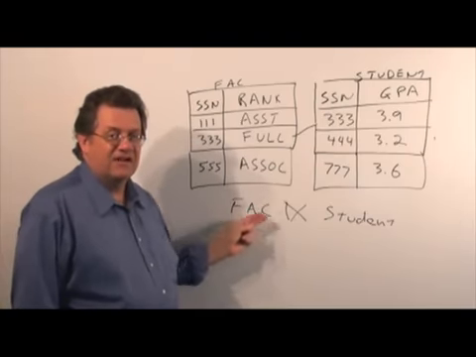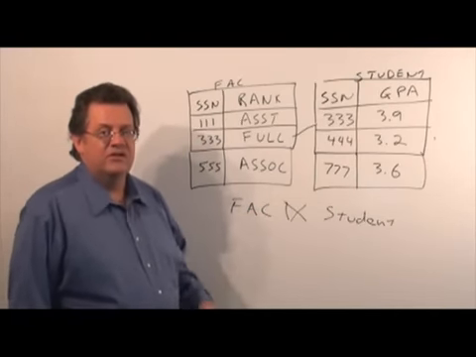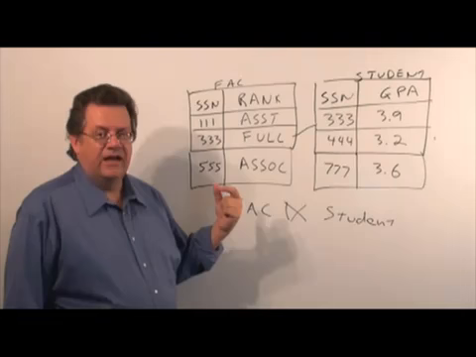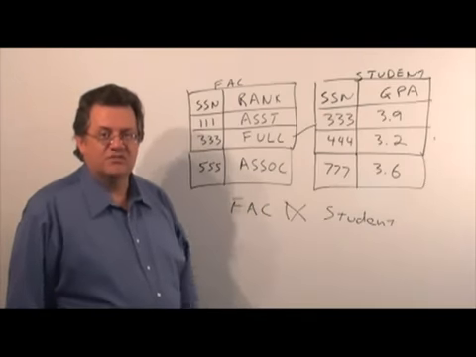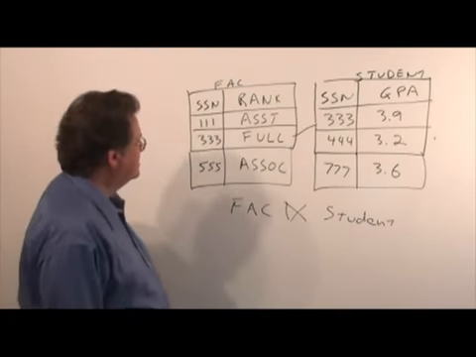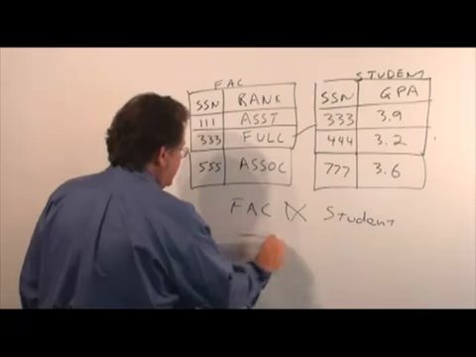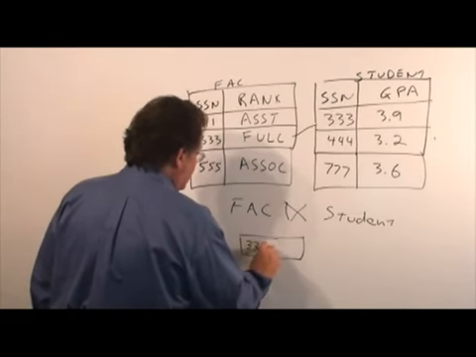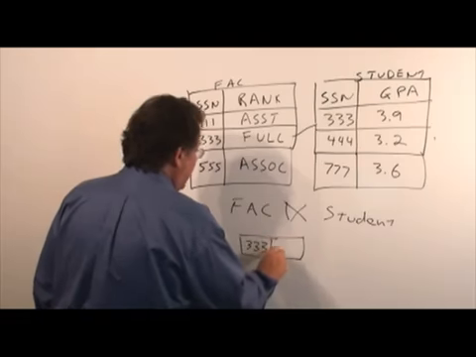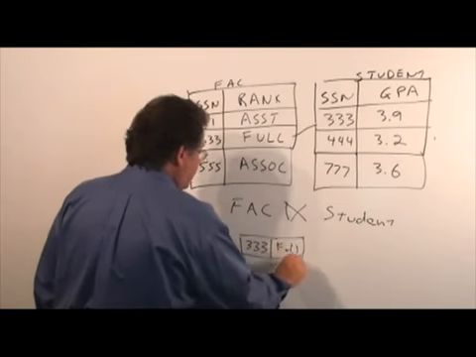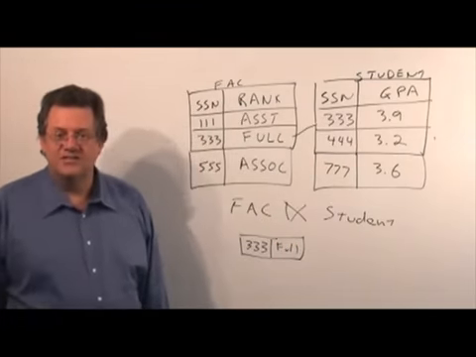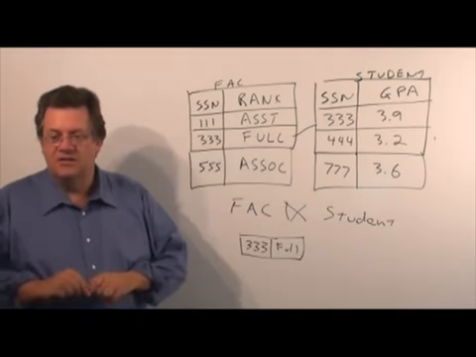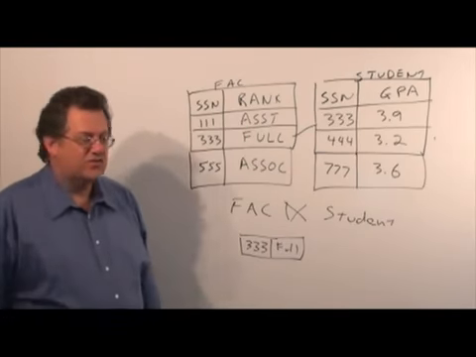It's faculty semijoined with students. So it's a join, but we only project out those attributes from the faculty table. In this case we would get as a solution social security number 333 and the rank of full professor. Okay, that's an example for faculty semijoined with students.